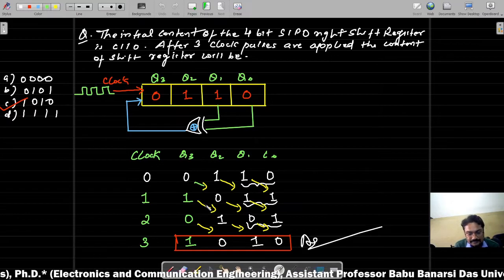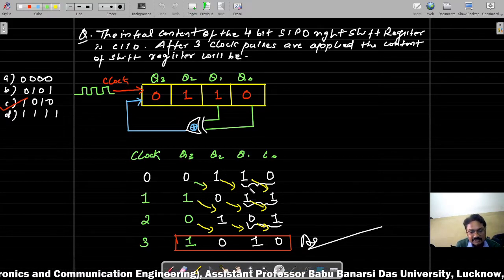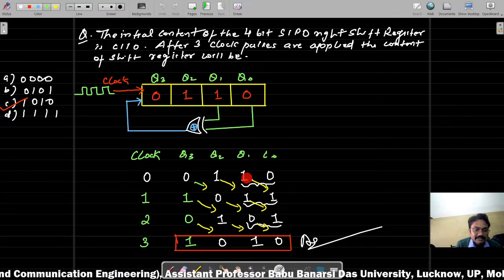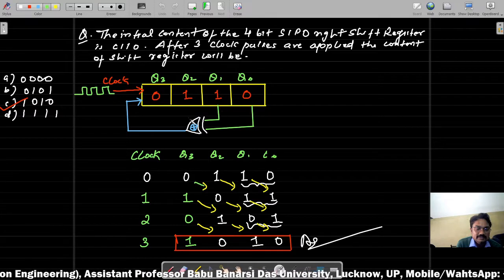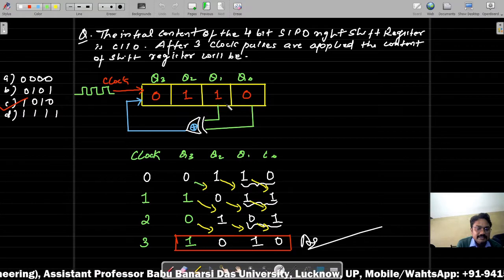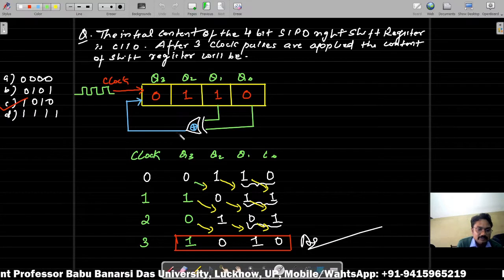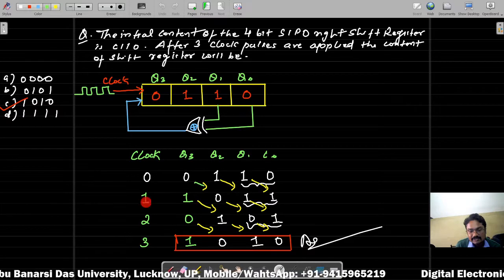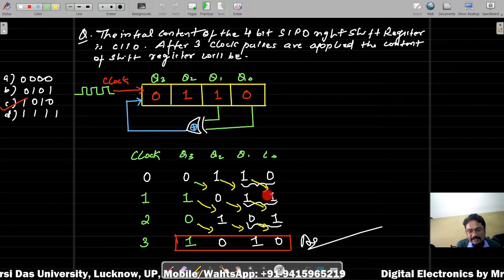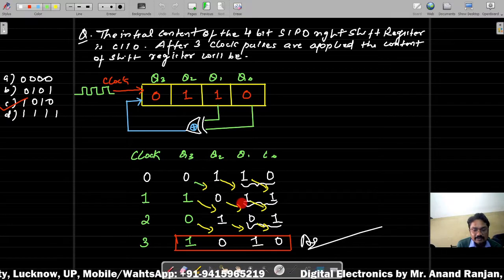For example, when the first clock pulse comes in, the content of the last two flip-flops is 1 0, and this is the input to the XOR gate. As we know, when different inputs are applied to the XOR gate, the output is 1. So in the first clock pulse, the first flip-flop is updated to 1, and all remaining data is shifted by one position.